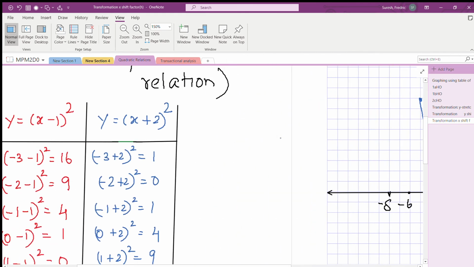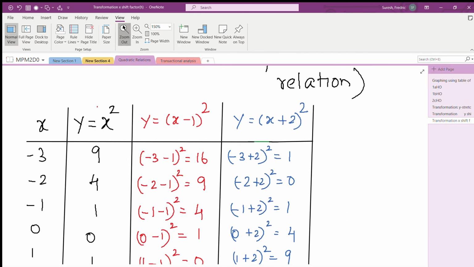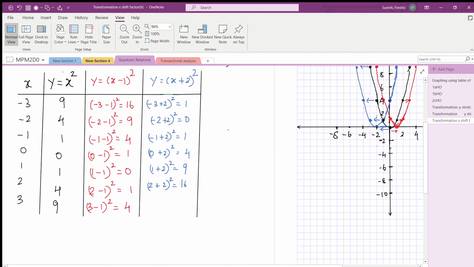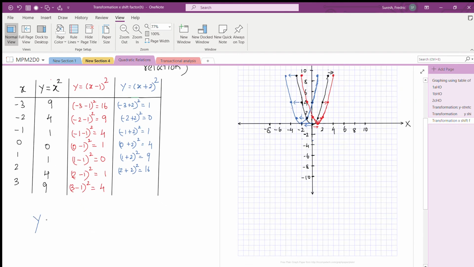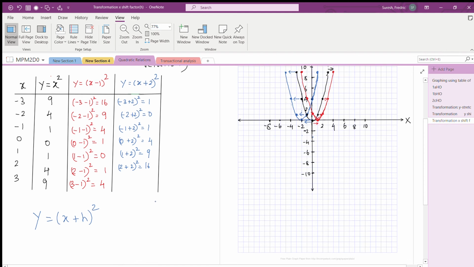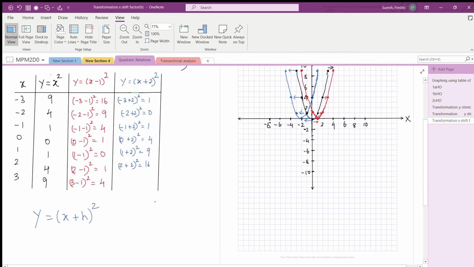So what do we conclude by looking at this? Let's make some notes here. If you have an equation that looks like y equals (x plus h) squared, the h is going to make it move left or right.